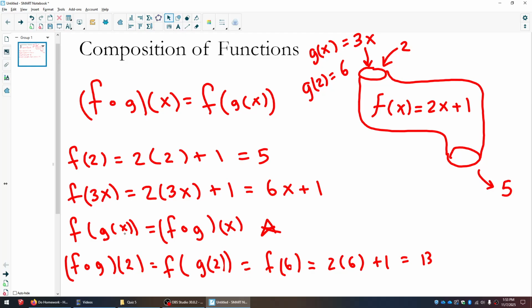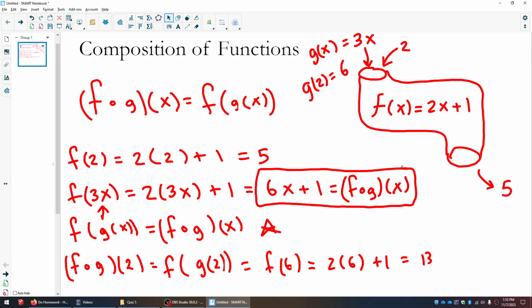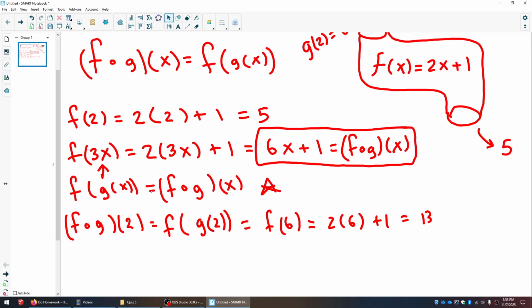Now another way we could have done this is we could have looked back here, because f circle g of x equals f of g of x equals f of 3x equals all of this. This here is f circle g of x. That's the formula for that. So another way we could have done this is f circle g of 2 equals, and then just use this expression, which is f circle g of x.